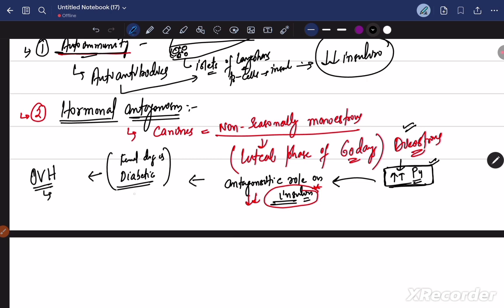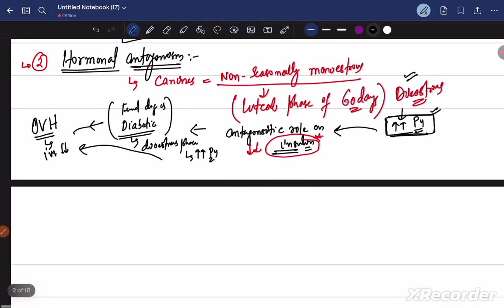Because if the female dog is diabetic and enters the diestrus phase, it will lead to increased production of progesterone, which will further decrease the insulin and aggravate the diabetic condition. So it is mandatory to go for OVH. It is recommended that all female dogs go for OVH as soon as diabetes mellitus is diagnosed.